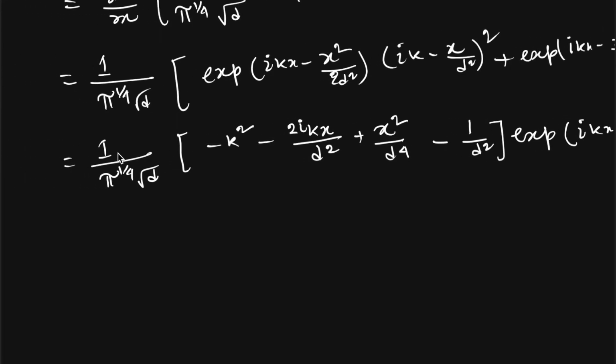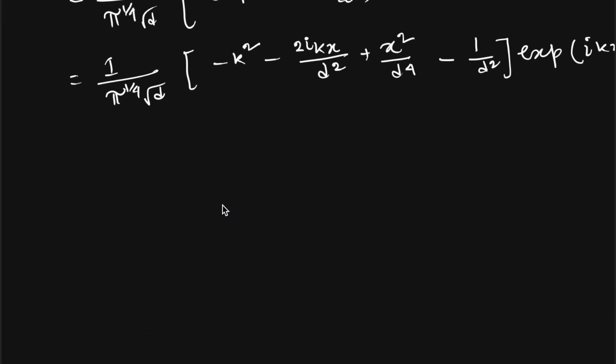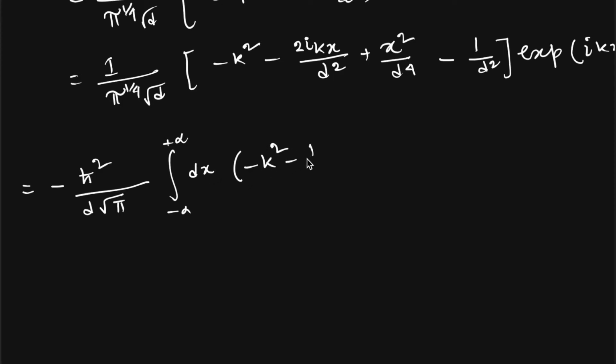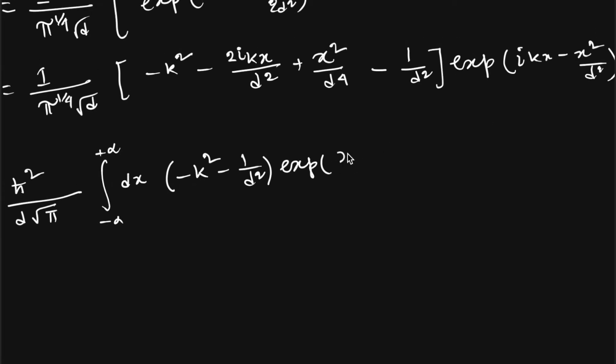Now if we put this value here, we will get minus h cut square by d root pi, integral from minus infinity to plus infinity dx, minus k square minus 1 by d square, exponential of minus x square by d square.